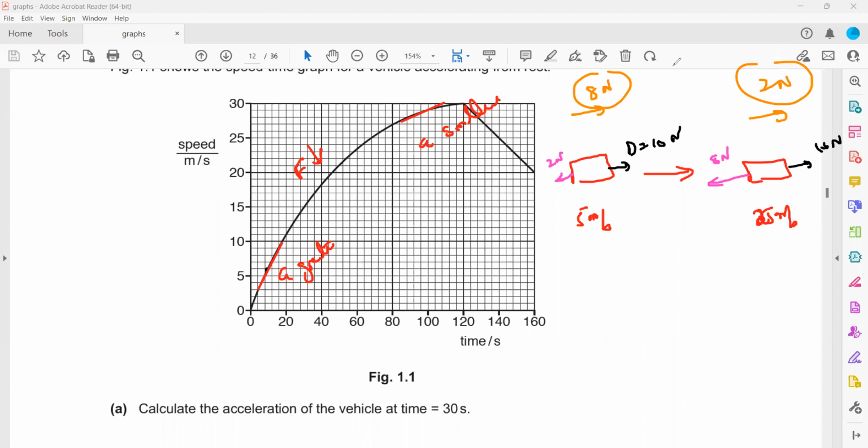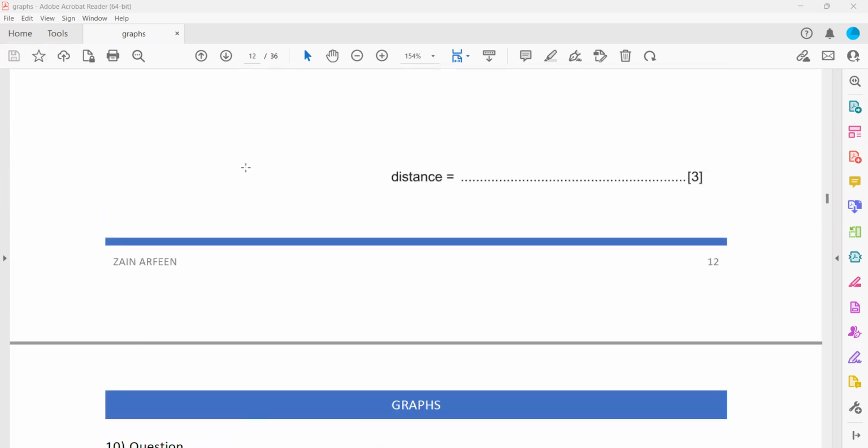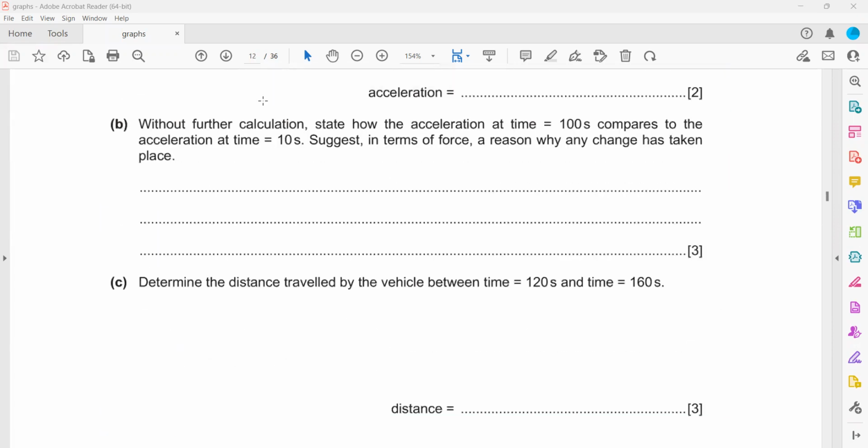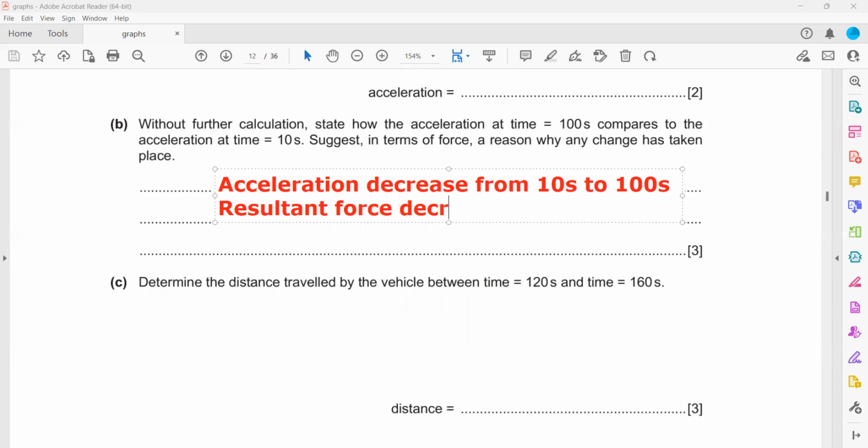So how do we write this answer? When we compare the acceleration from 10 seconds to 100 seconds, the acceleration decreases. Why is it decreasing? Because the resultant force decreases. And why does the resultant force decrease?